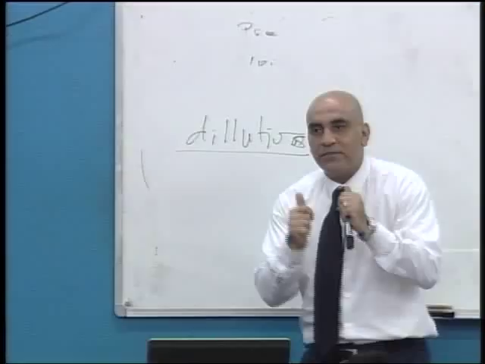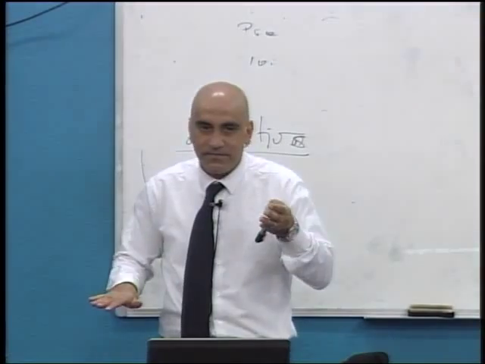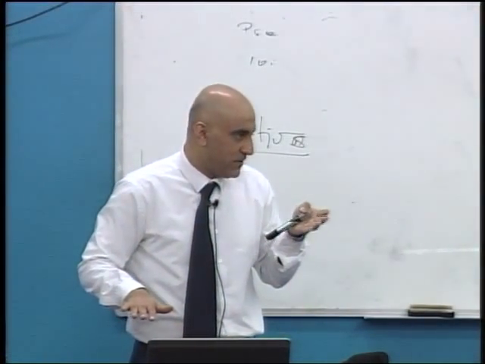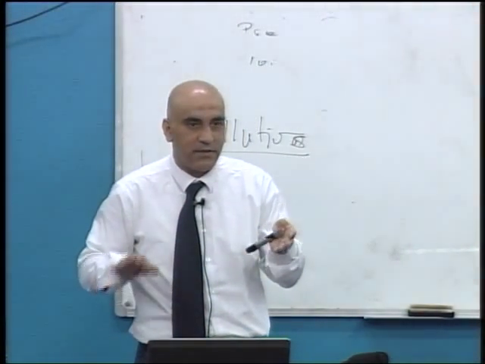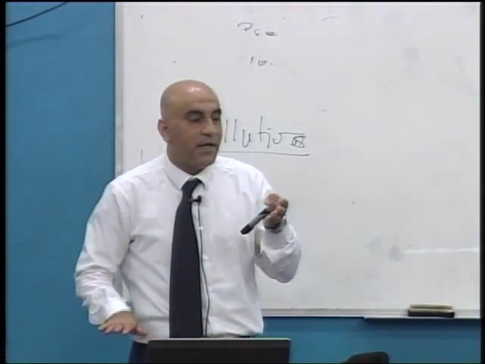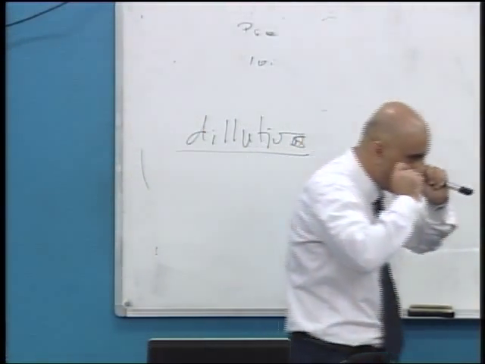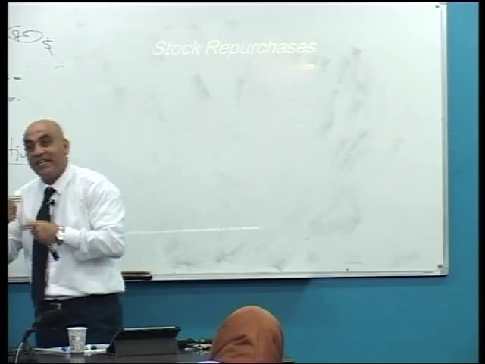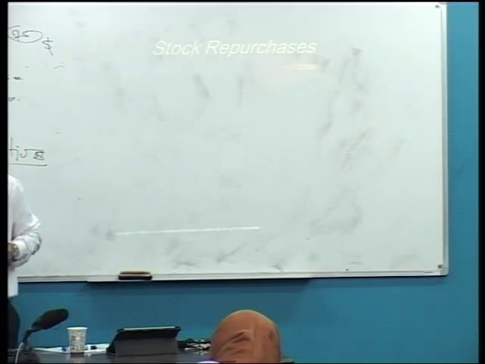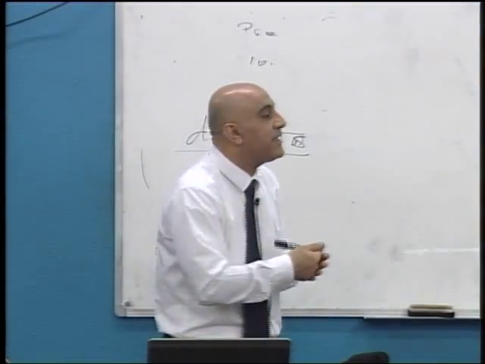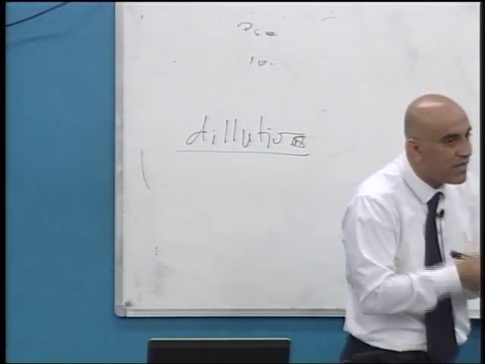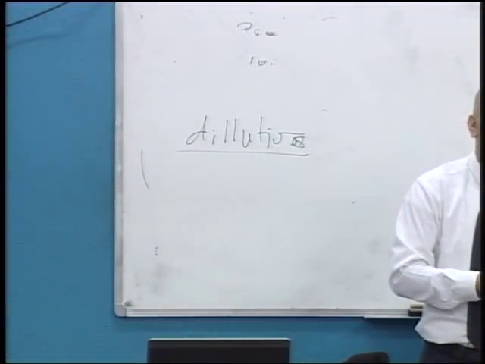So their share of the income is reduced, which means the EPS is decreased. Just to examine whether you understand or you are reading the previous meetings, what should companies do when they are facing dilution?